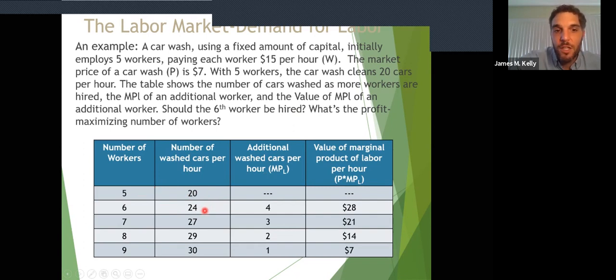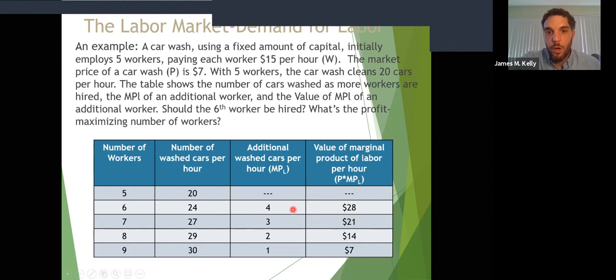So that increase in output is 4 units for the 6th worker. At a price of $7 per car wash, we get 4 additional cars washed at $7 each. The value of the marginal product of labor is $28.